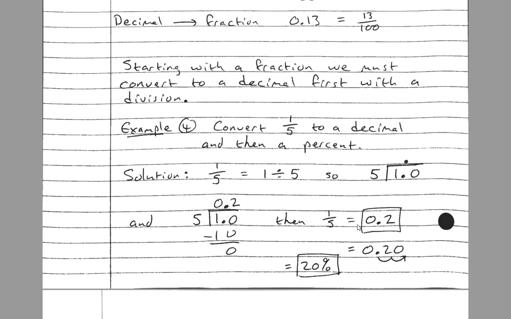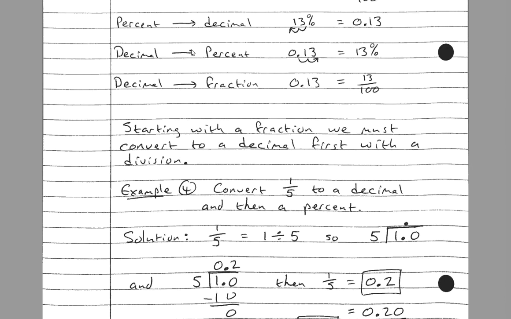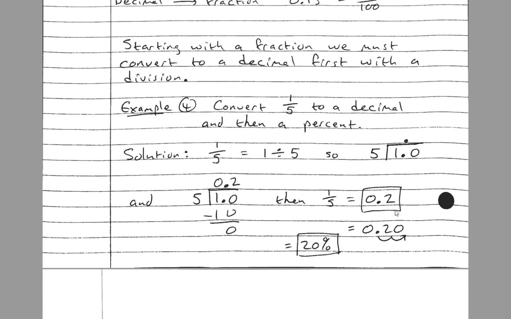So 1/5 as a decimal is 0.2. Now, just like we did over here, we can convert that decimal to a percent. Move the decimal point 2 places to the right. So 0.2 is 20%.